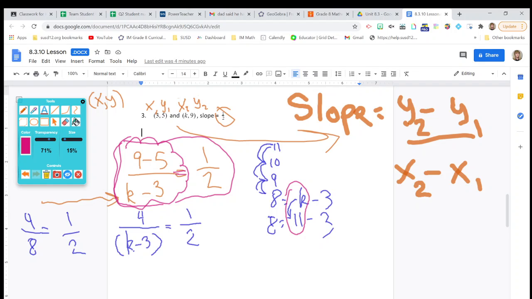Let's put in 11 for k and see what we get. 9 minus 5 was 4, and then 11 minus 3, that equals 4 over 8. Yes, that equals 1/2. Okay, I did it. Ding, ding, ding, ding. Congratulations, Cindy. K equals 11. Phew.